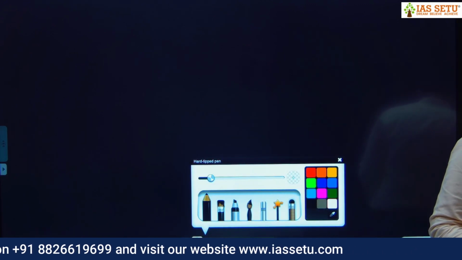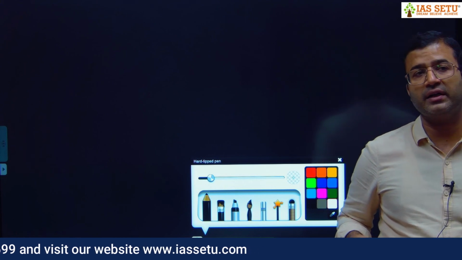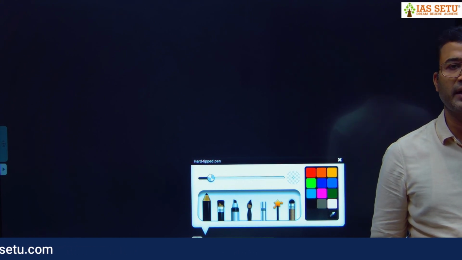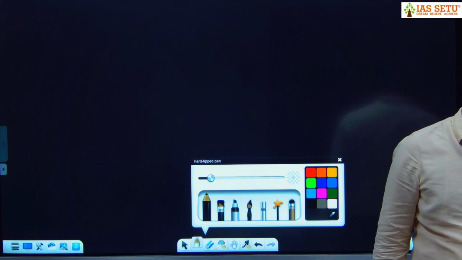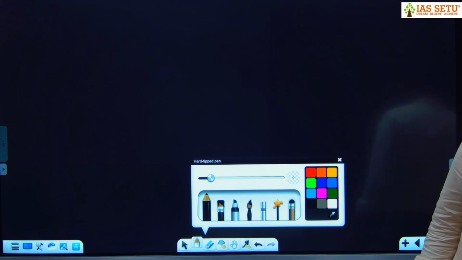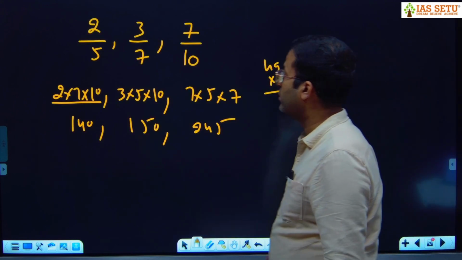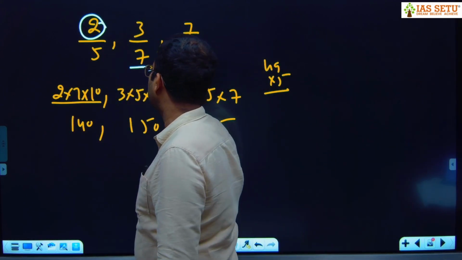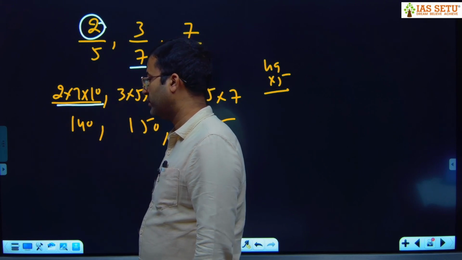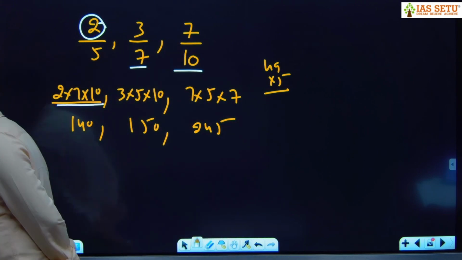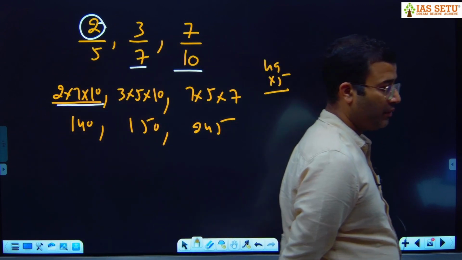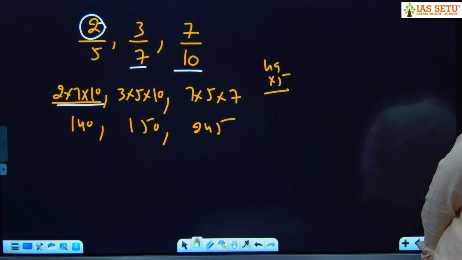Yes, it is applicable, except type 3 and type 4; all other types, it doesn't matter if it is proper or improper. अगर होता तो मैं पहले ही बता देता. निशा, what is the issue? क्या प्रॉब्लम है? मतलब इसको 2 को 7 और 10 से मल्टीप्लाई करना है, अपना खुद का डिनोमिनेटर छोड़ के बाकी सब डिनोमिनेटर से मल्टीप्लाई करते हैं. मल्टीप्लाई द न्यूमरेटर विद ऑल अदर डिनोमिनेटर, मल्टीप्लाई द न्यूमरेटर विद द रिमेनिंग डिनोमिनेटर.